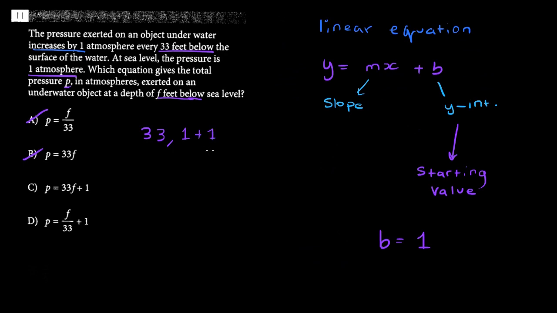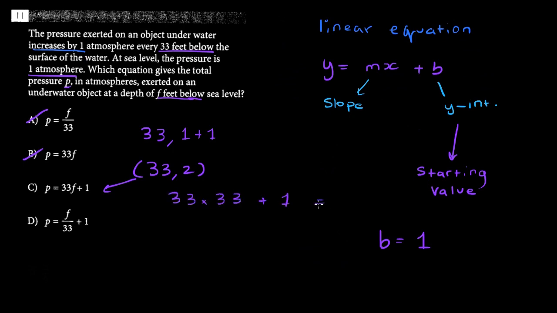So it's going to be 1 plus 1. So these are 2 points that we should be able to find if we plug these values into the equation. Okay, so if I plug this in to here, it's going to be 33 into 33 plus 1.